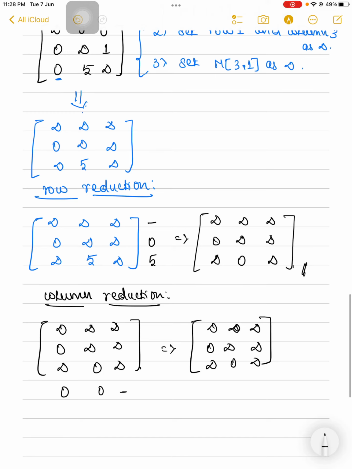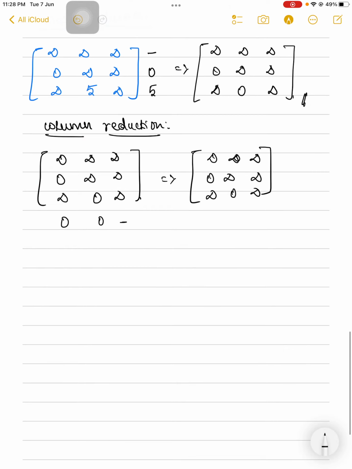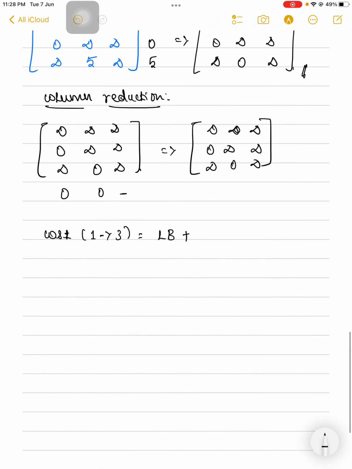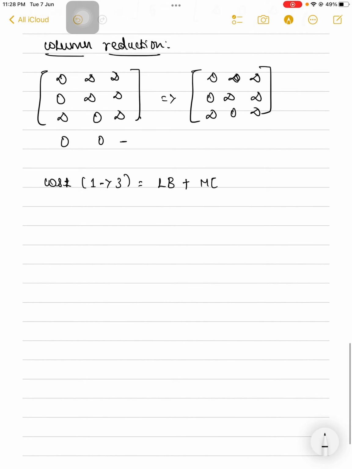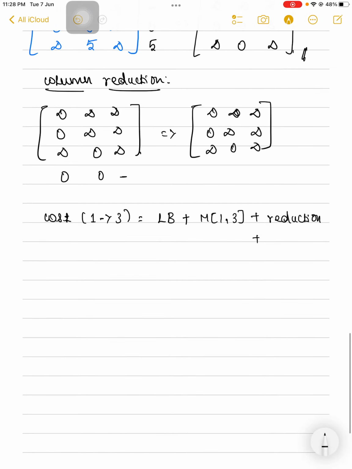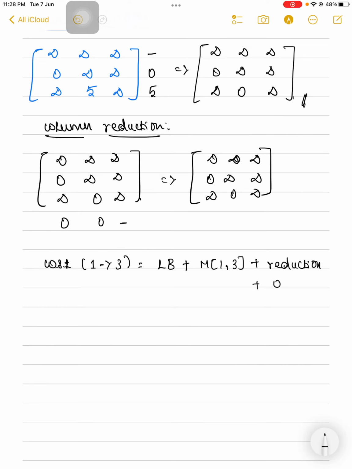Right? So after performing row reduction and column reduction, it's time to calculate the lower bound value. Cost of the path 1, 2, 3 is, the formula is lower bound plus matrix 1, 3 cost plus total reduction cost. So under path 1, 2, 3, what are the values we used for performing the reduction? We need to write here. So 0 plus 5 plus 0 plus 0.